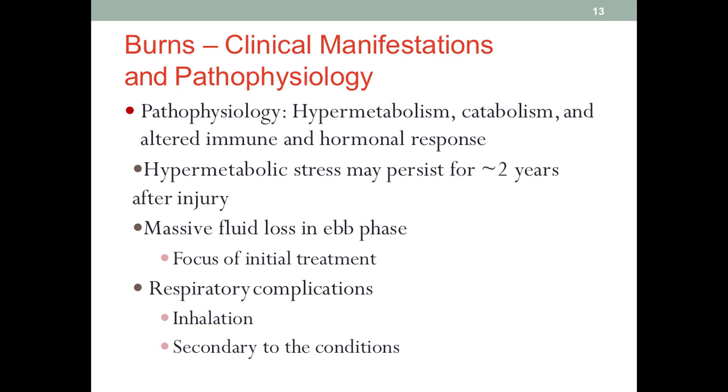Moreover, depending on the severity of a burn, the hypermetabolic stress caused by the burn may persist for up to 2 years post-injury. The open wound may have healed long before that, but the metabolic rate is still elevated for quite a long time. So that is how significant the impact can be.